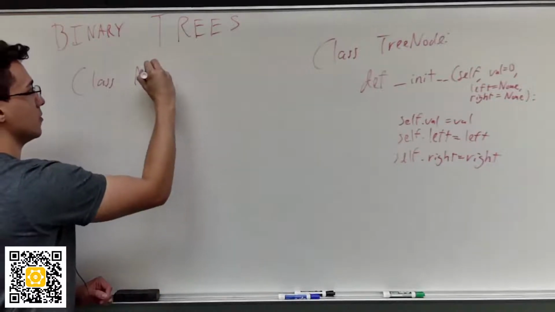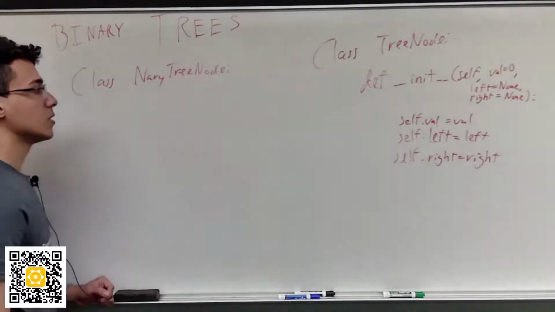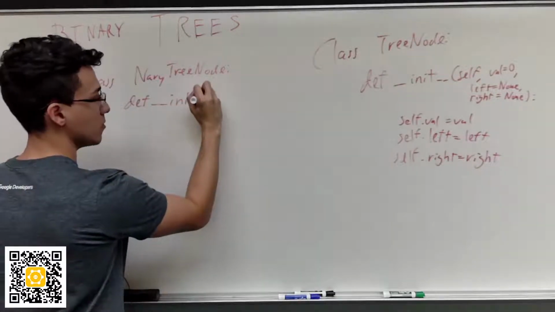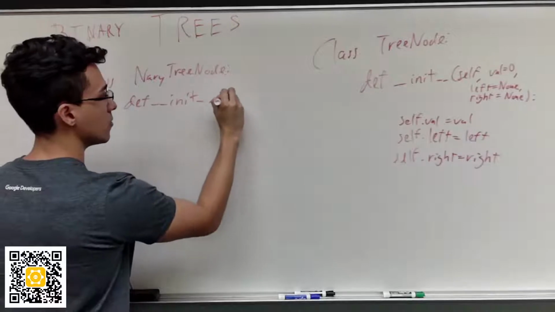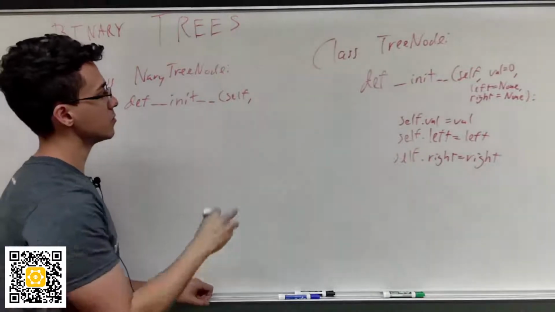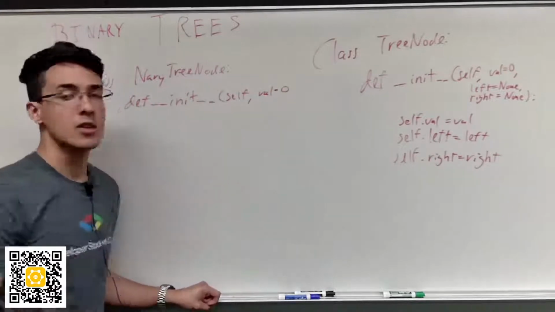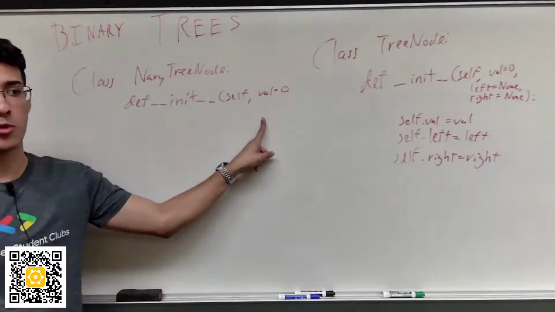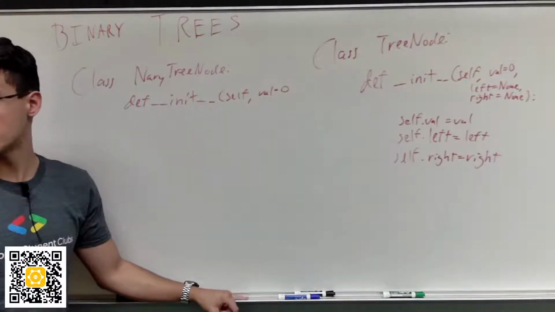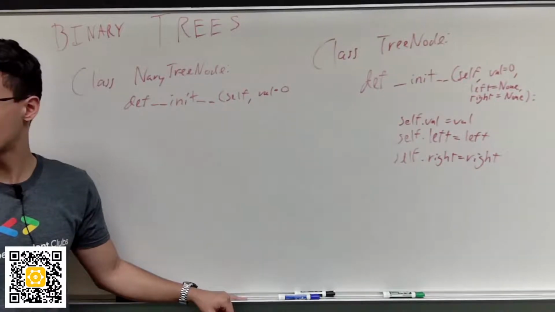Call it N. What other argument should I put for an N-ary? There'll be args, like asterisk args. Asterisks.